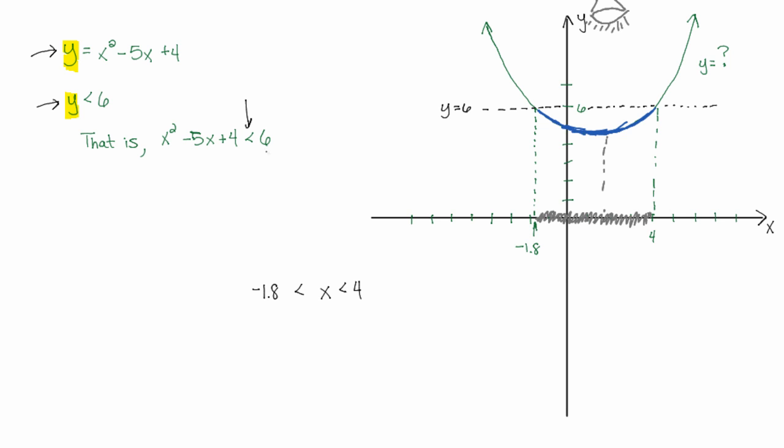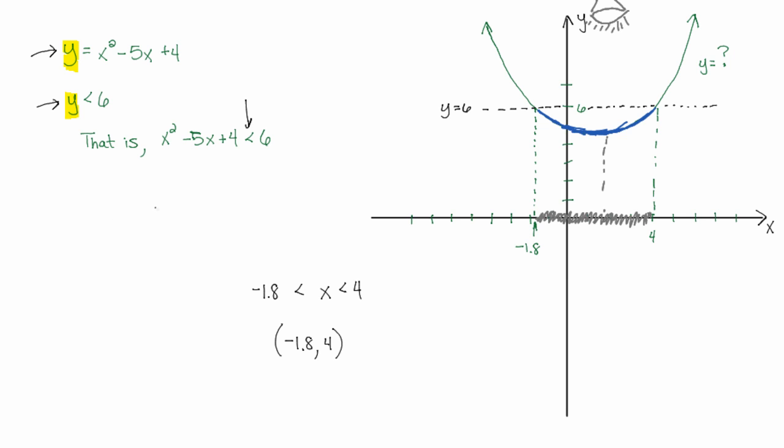Not equal to, but strictly less than. So I have to use the same inequality. And writing this in interval notation, which we just brushed up on, the lowest it can go is negative 1.8 and the highest it can go is positive 4, and we're not including either endpoint. So that's how you do this using a graph.